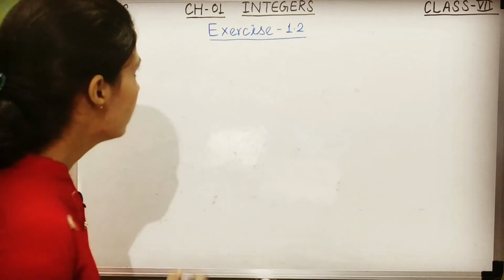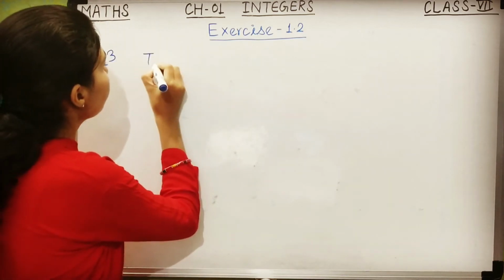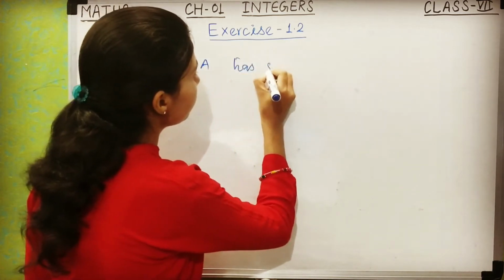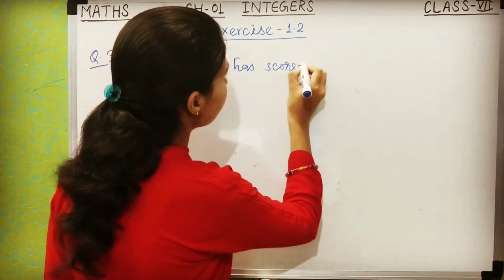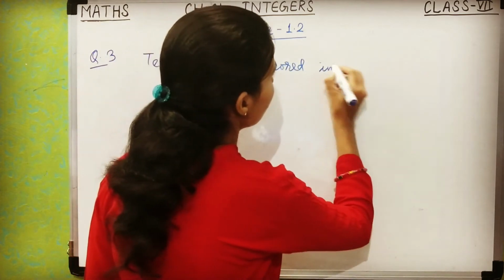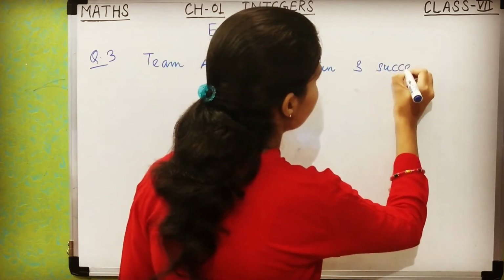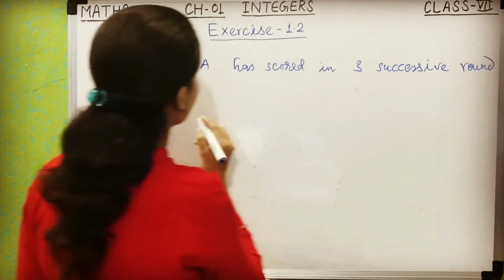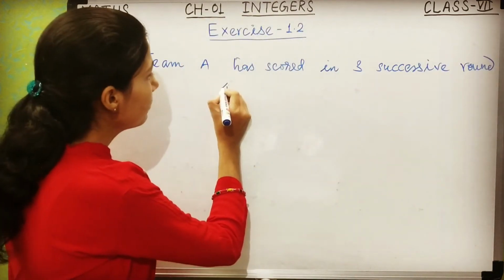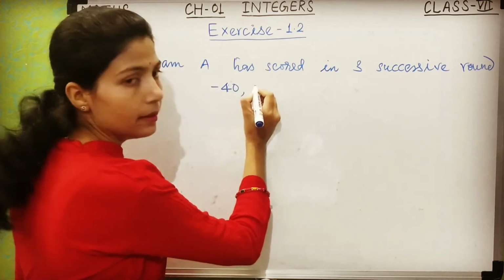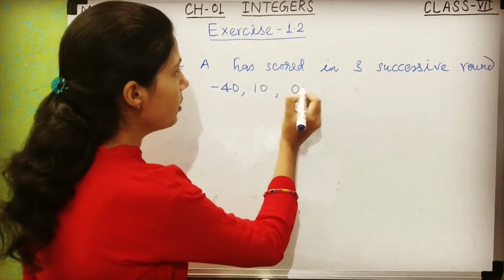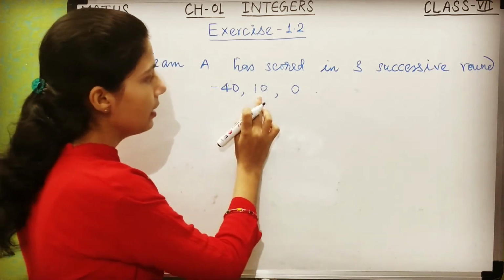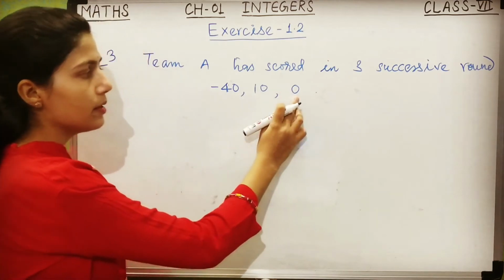So see here, team A has scored in 3 successive rounds -40, then 10, then 0. So team A has scored in first round -40 and in second round 10 and in third round 0.